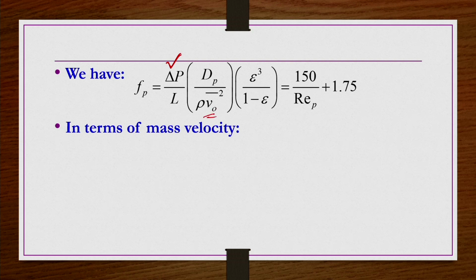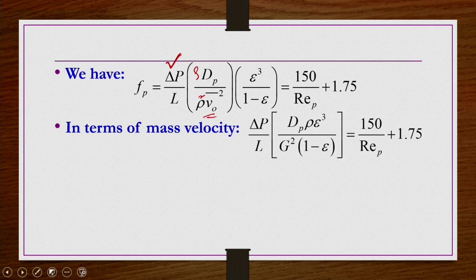So we multiply by rho and divide by rho, so that in the denominator we have rho square V naught bar square, which we can write as g square. Then we get delta P by L, dP rho epsilon cube by g square into 1 minus epsilon, equals 150 by Rep plus 1.75.